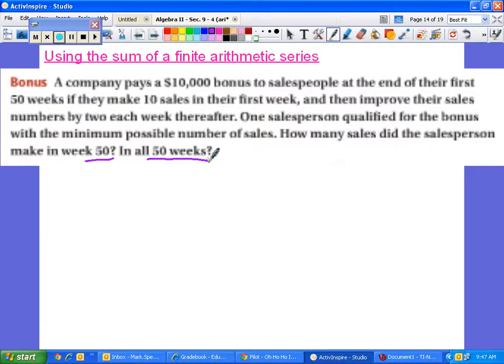Since we're being asked two separate questions, it stands to reason that we're going to need two separate formulas. So we're going to use our value of the last term formula, and we're going to use our sum formula.